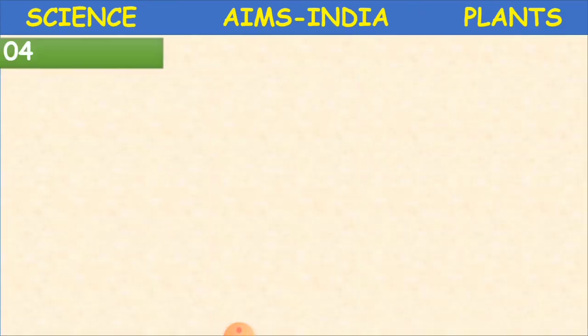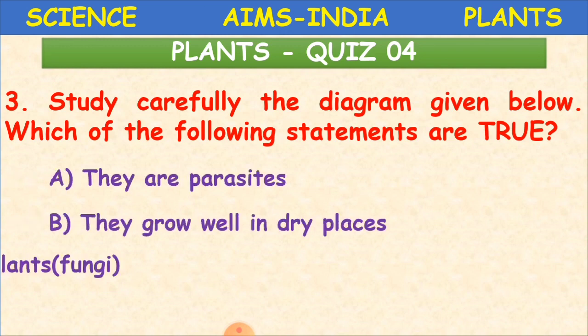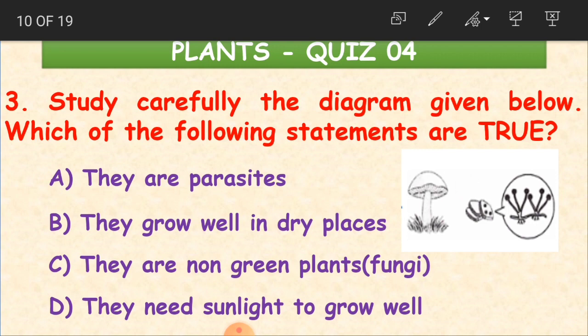Okay. The next question. Study carefully the diagram given below. Which of the following statements are true? Now we'll see the diagram here. It's a diagram of a mushroom. Now we have to see what the options are. They are parasites.